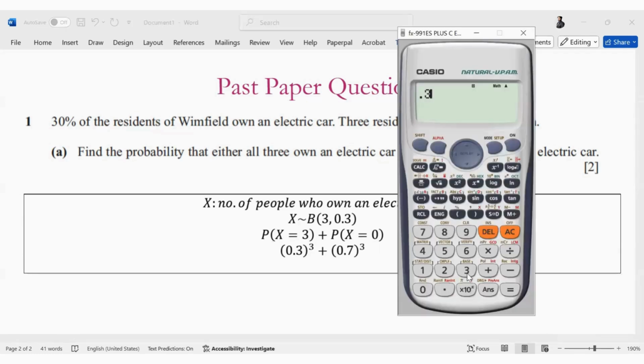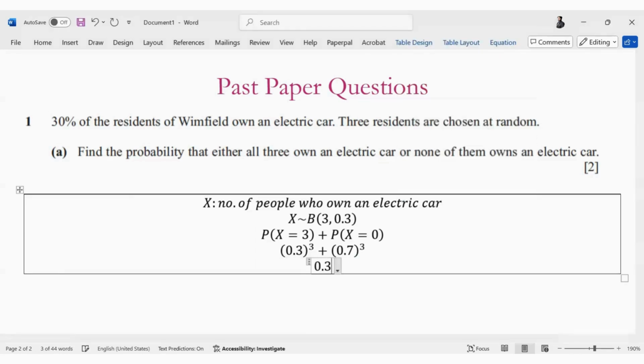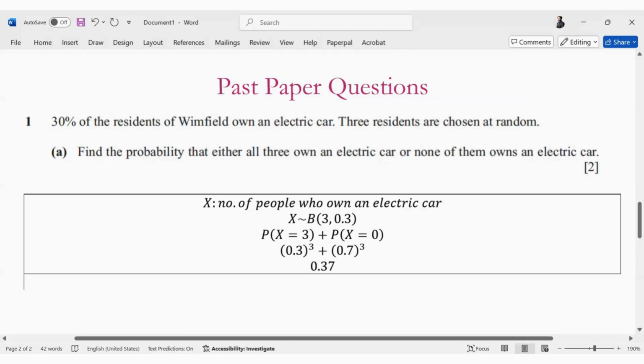Now 0.3 cubed plus 0.7 cubed is 37 upon 100, or 0.37, the probability that either none of them own a car or all 3 do. Now moving on to the part which caters to approximation, which is our actual focus of this video.